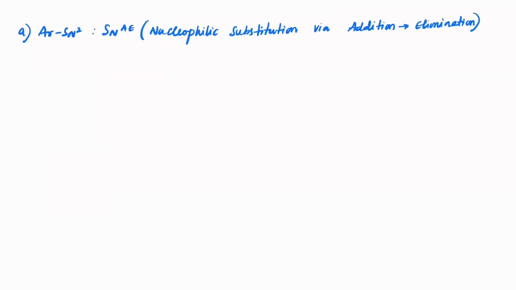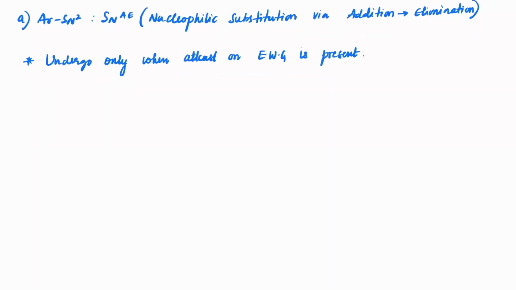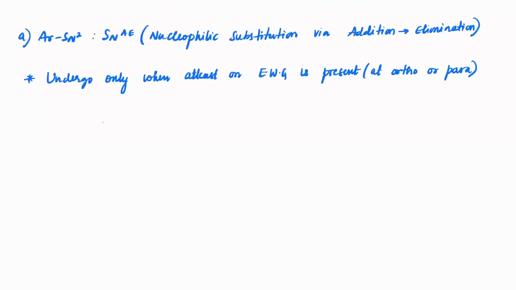For this to happen, it will usually undergo only when at least one electron withdrawing group is present. Clear? Right? And that too at ortho or para positions. Let me show you with an example.